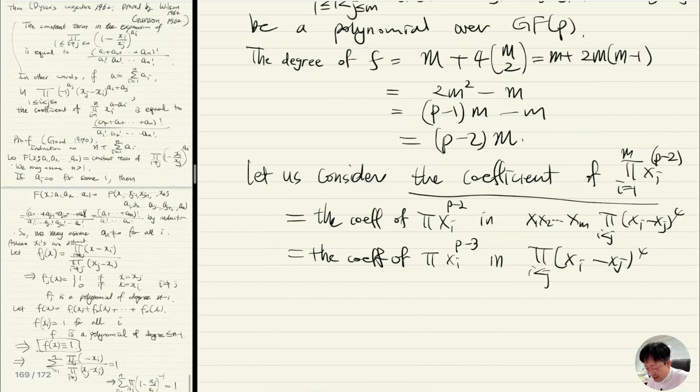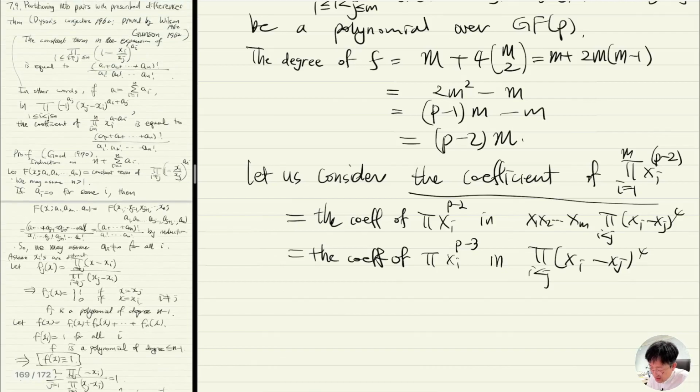Now let's go back to Dyson's conjecture. What is ai? We take ai to be 2 everywhere, right?